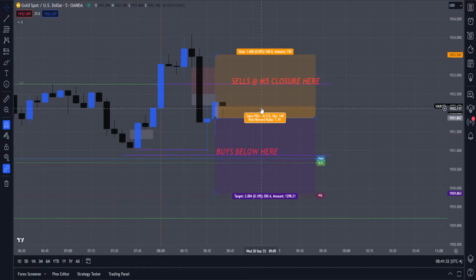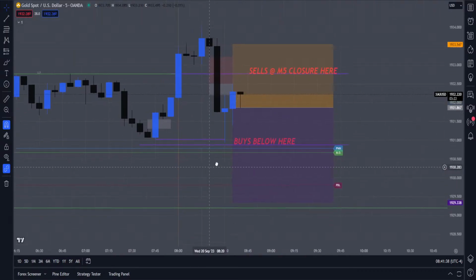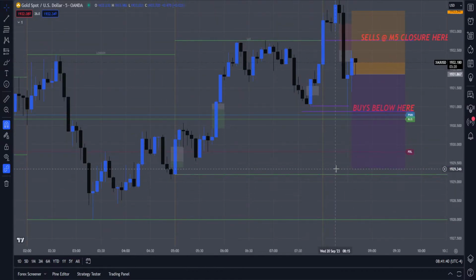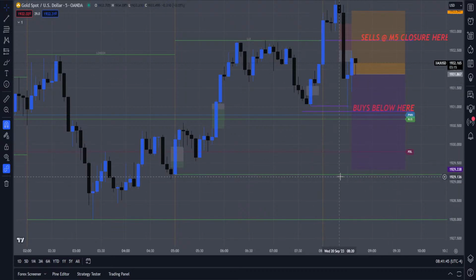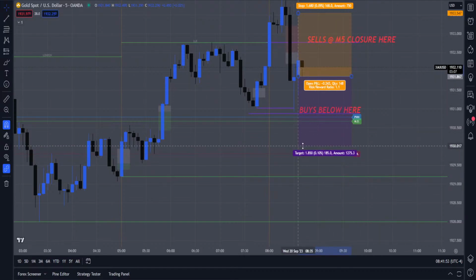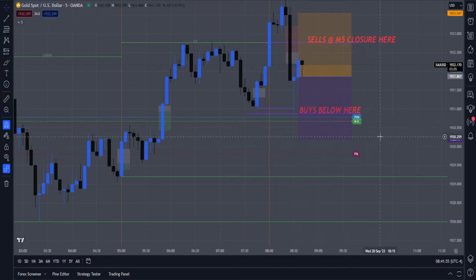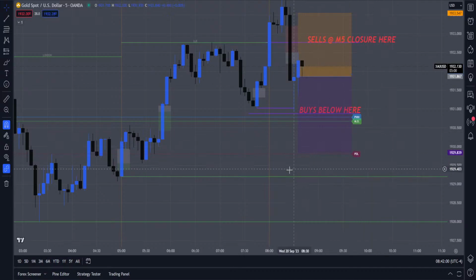I may move a take profit to a 1R instead of a 1.2 or a 1.5. 1.5 is ideal because we're expecting it to come break these lows. It already broke these ones here, but I do believe it will come back and break these lows here. However, if we see it just slowly creeping down, we may take it at like 1.2 or 1R just to be safe. So I'll let you know when I do move my take profit, if I do move it. So far there's nothing.